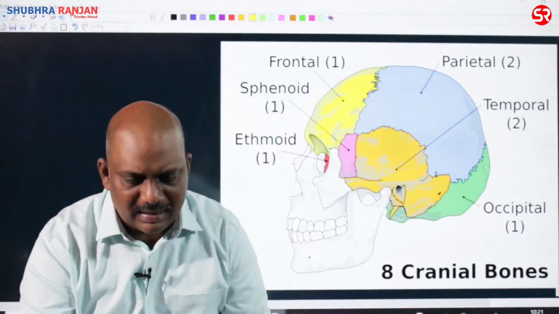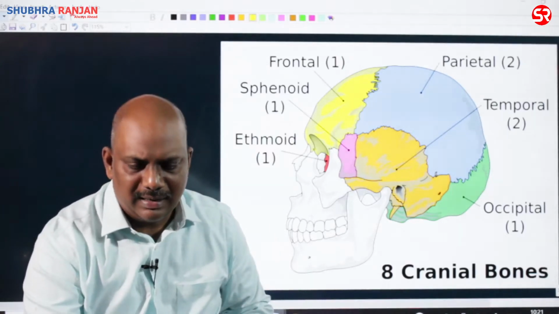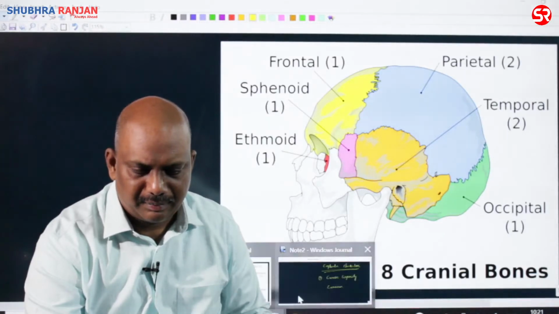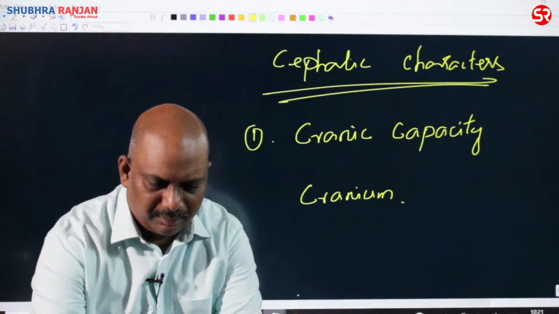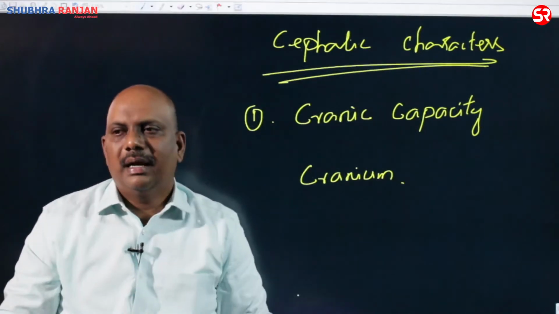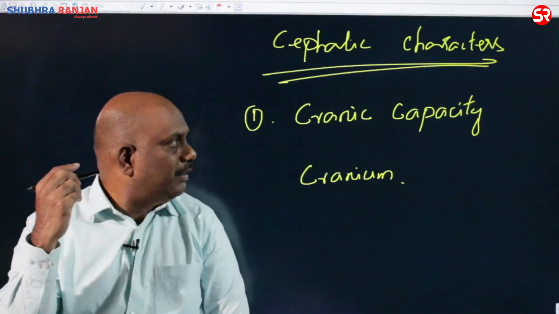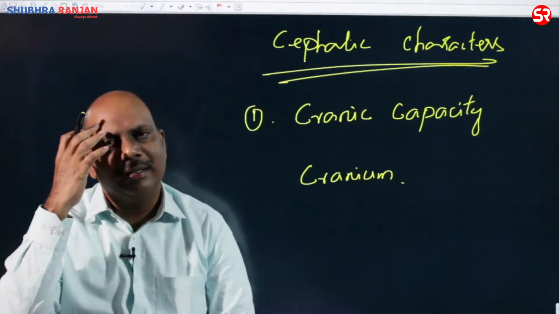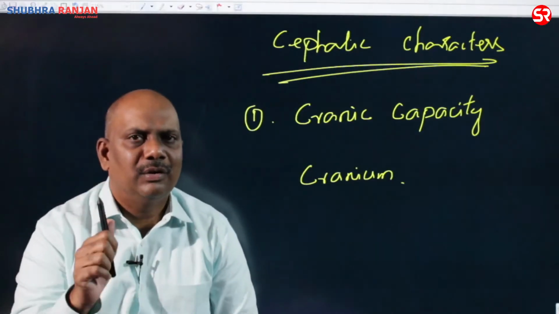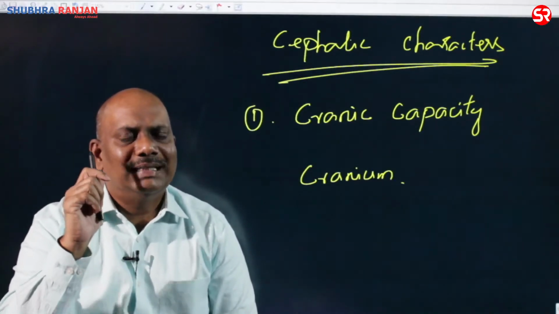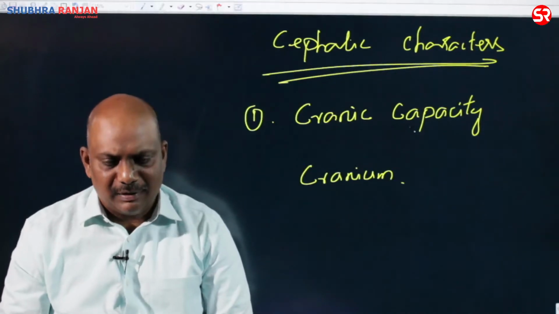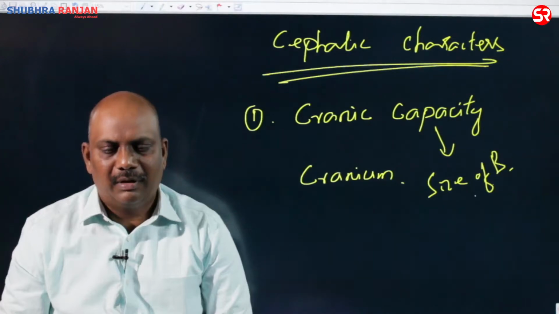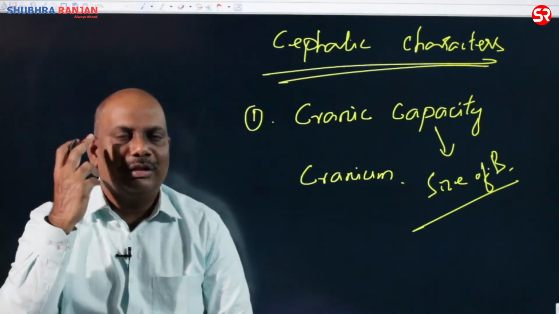So by cranial capacity, what do we mean by cranial capacity? By cranial capacity, we refer to the capacity of the cranium to hold a brain. Indirectly, we refer to the size of the brain. By cranial capacity, we refer to the size of our brain. How large is our brain?